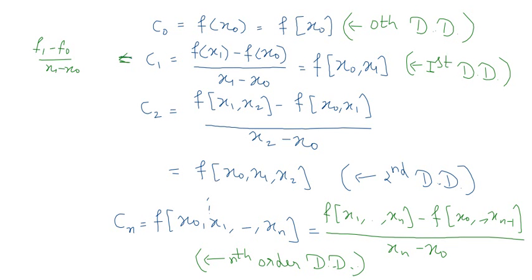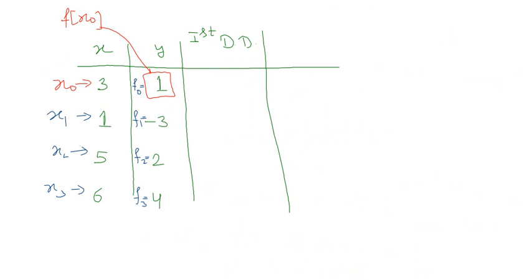Calculating this value, 3 minus 1 is 2, divided by 1 minus 3 is minus 2, so 2 divided by minus 2 is minus 1.